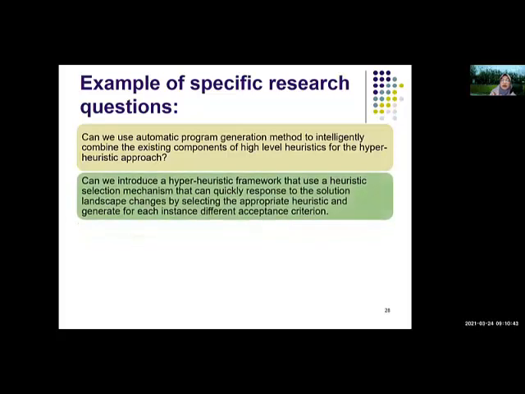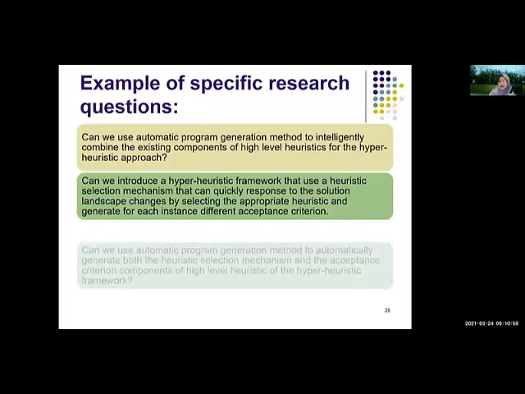Can we introduce a hyperheuristic framework that uses a heuristic selection mechanism that can quickly respond to solution landscape changes by selecting the appropriate heuristic and generating a different acceptance criterion for each instance?